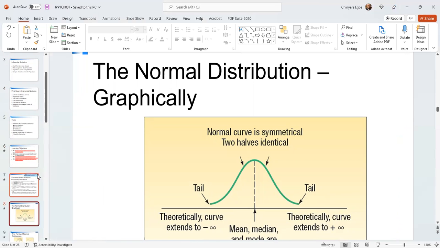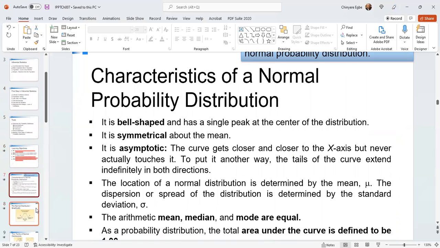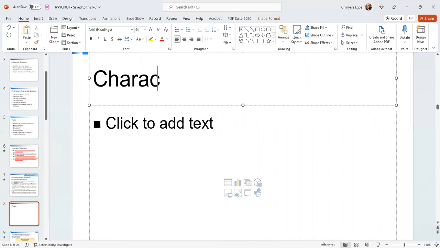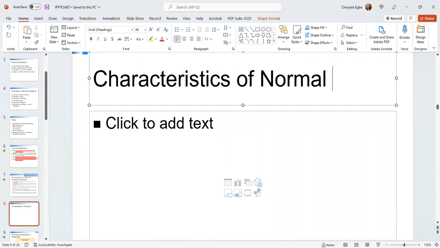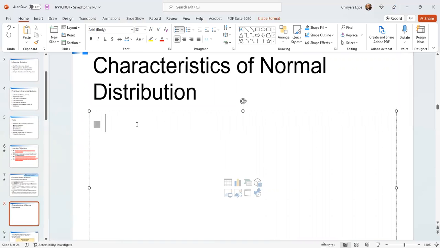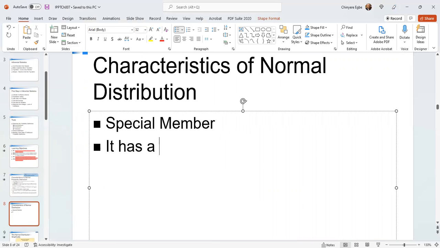Now, before we talk about the bell shape, the characteristics of the normal distribution: it is a special member, as I said before, in the sense that it is hypothetical.